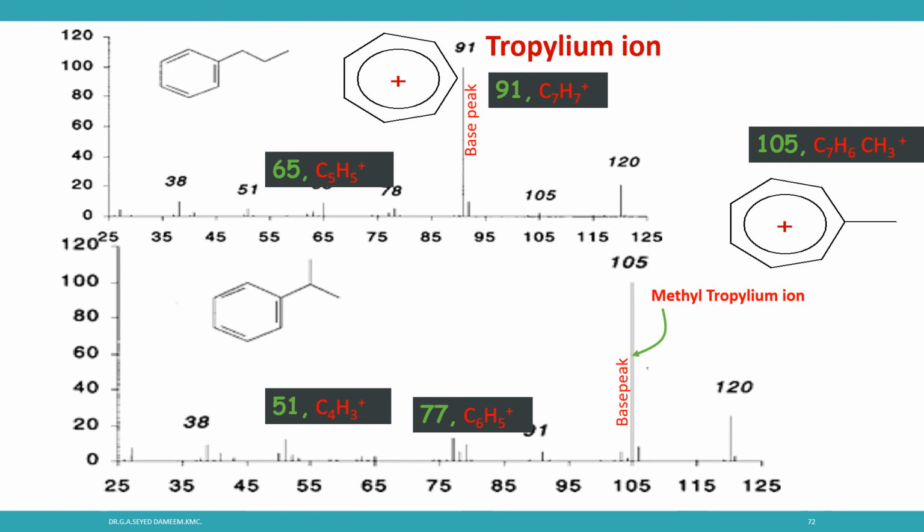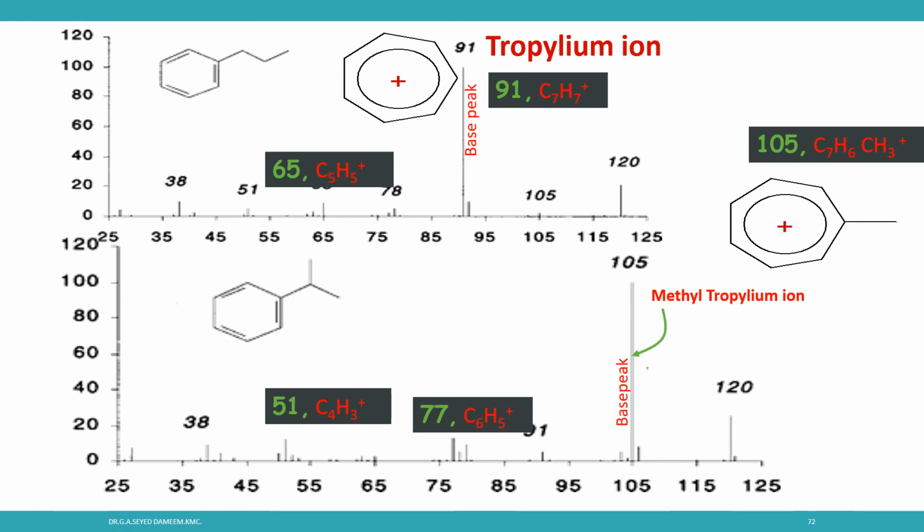That ion is the tropylium ion, with mass 91, and this ion has greater stability, so it gives the base peak. After the formation of the tropylium ion, by the loss of acetylene, it gives another ion C5H5+ with m/z 65. So this is the fragmentation pattern of propylbenzene.